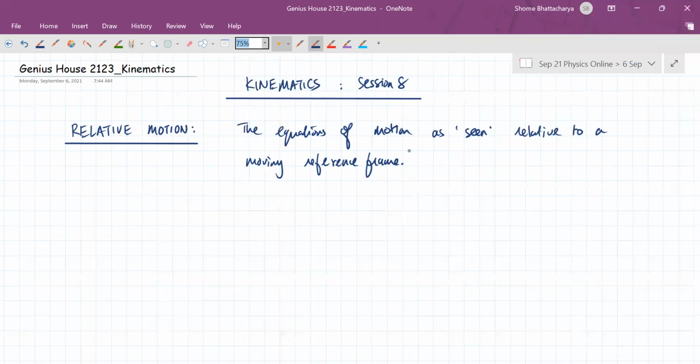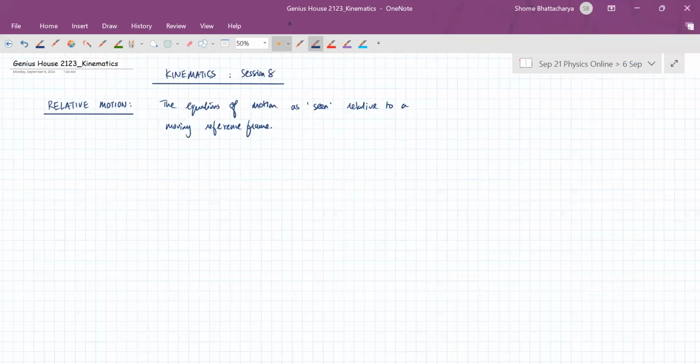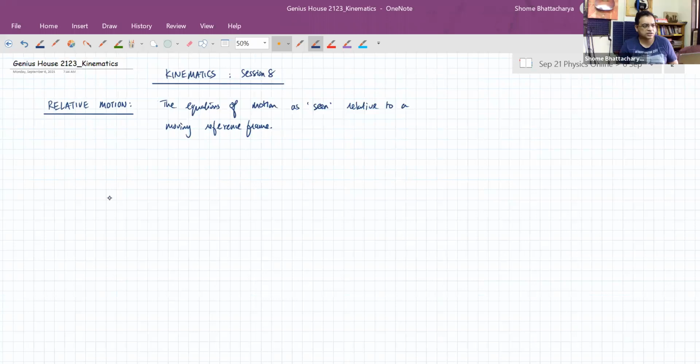So let's understand it in this sense that, suppose what I've drawn here is my absolute reference frame. So this XYZ system is the ground frame.